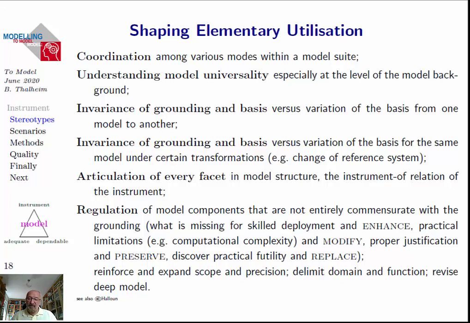We have proper justification, so we can preserve. We maybe have a practical futility, so we can replace. And that means in this case we have also regulations for reinforcement and expanding, maybe scope and position of the model. We can delimit domain and functions and revise the deep model.